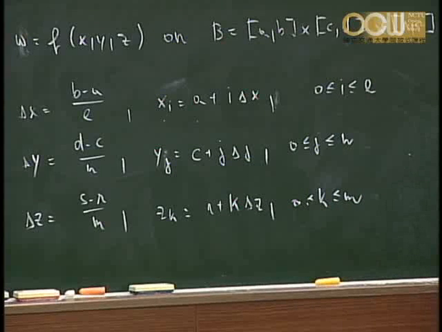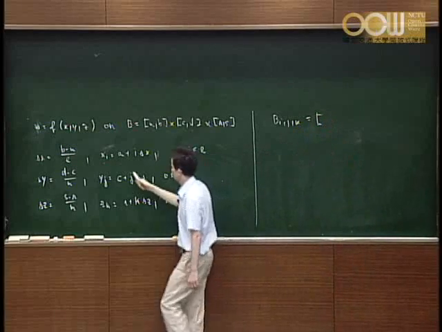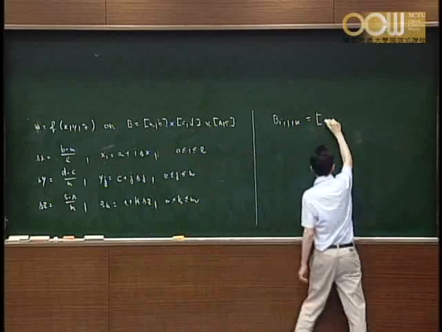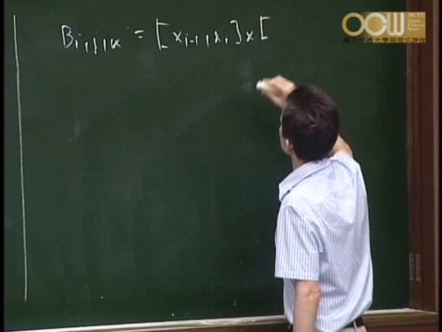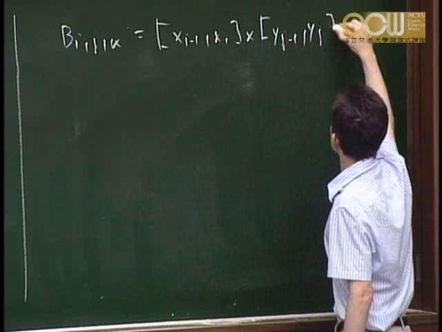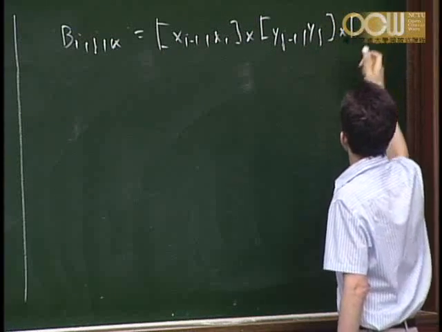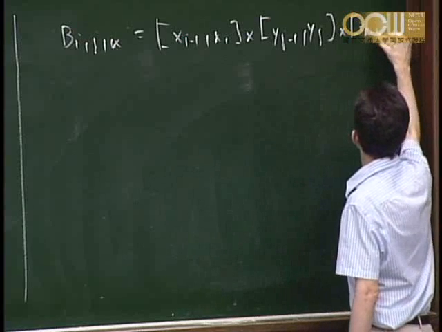So we define the i, j, k sub-box as the box given by the first interval from x_{i-1} to x_i, then the second interval with boundary points y_{j-1}, y_j, and the last one with boundary points z_{k-1}, z_k.